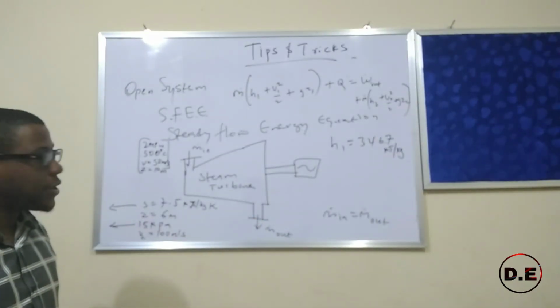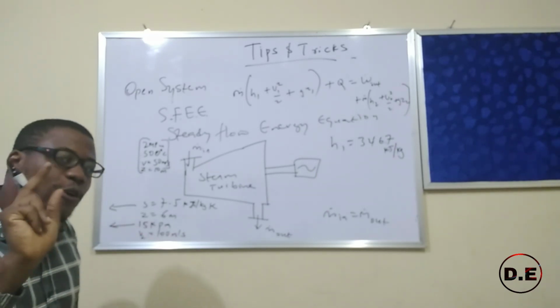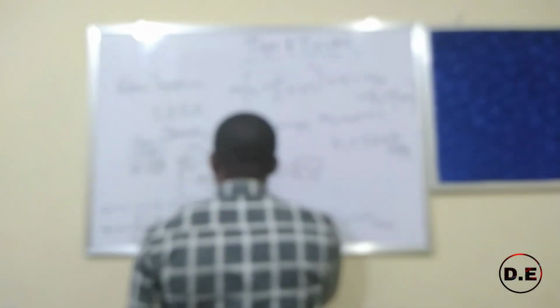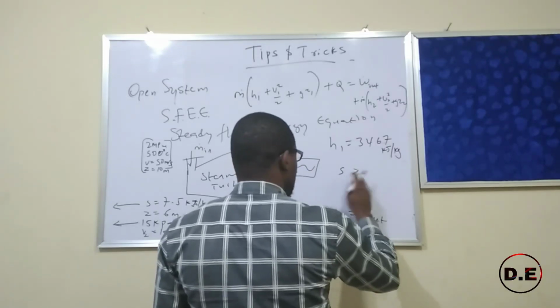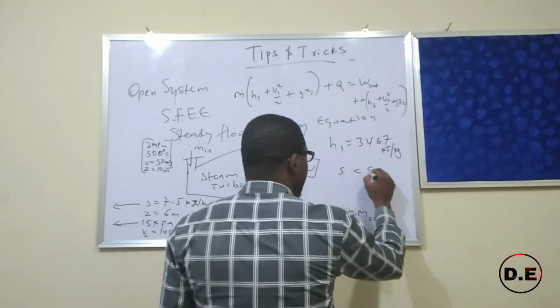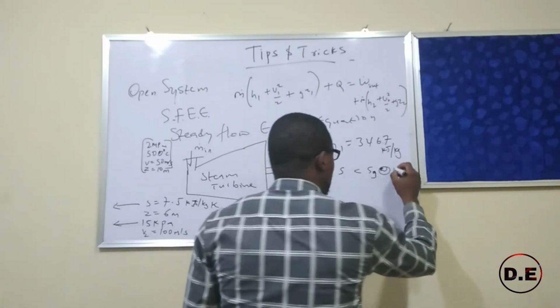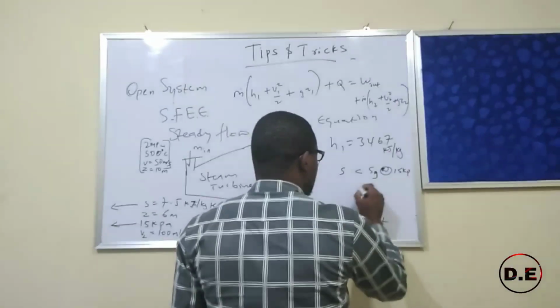Okay, so to find that out, we need to go to our steam table and check this relation I'm going to write. It states that if the s at this point is less than sg at that pressure, which is 15 kilopascal, then this steam is what?